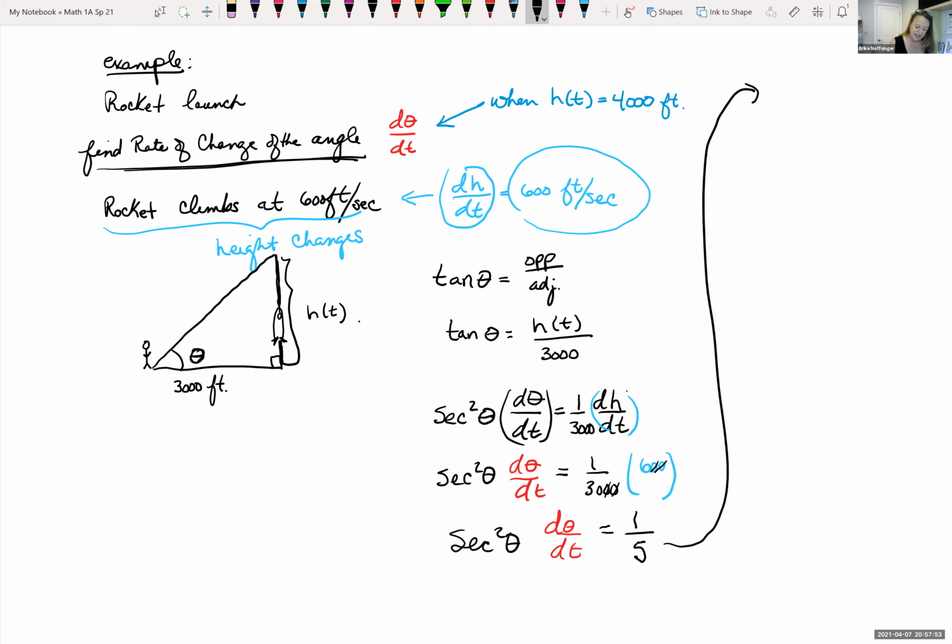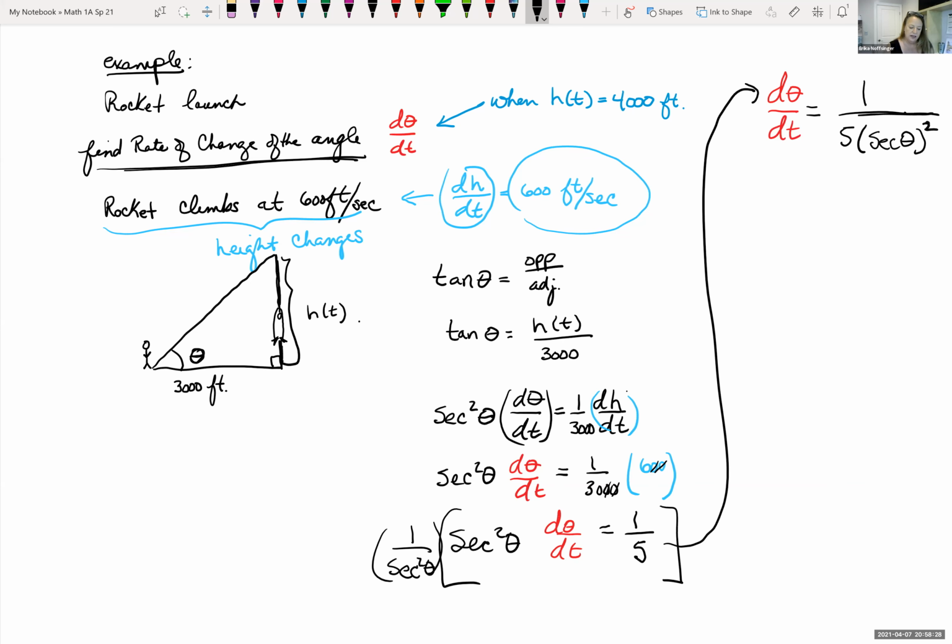So I can divide both sides by secant squared theta, or think of it as multiplying by 1 over secant squared theta. So d theta dt is equal to 1 over 5, and I'm going to rewrite secant squared theta as secant theta quantity squared. So I need to figure out what secant theta is.